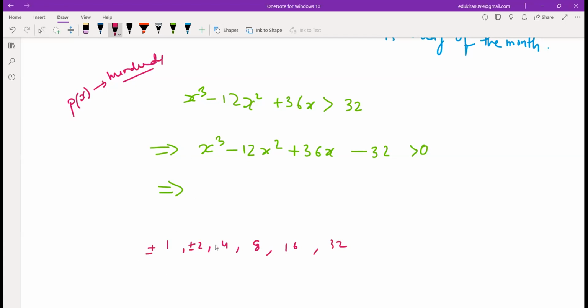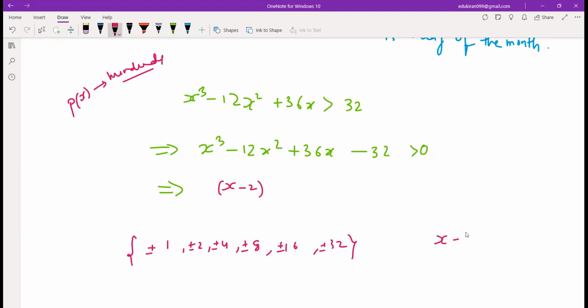If we take 1, it won't factorize. Minus 1 will also not. 2: 8 minus 48 plus 72 is 32, minus 32 is zero. So you will get a factor x minus 2.